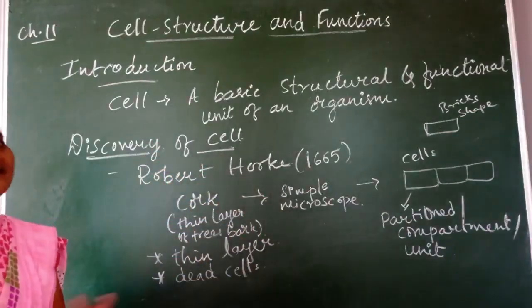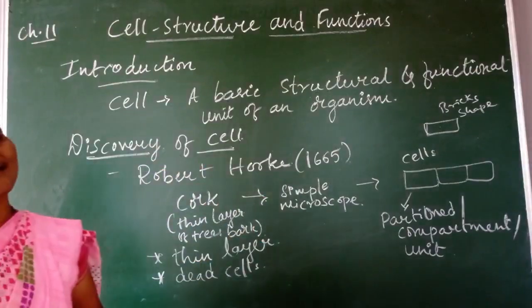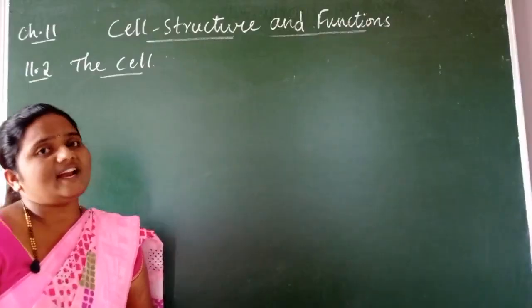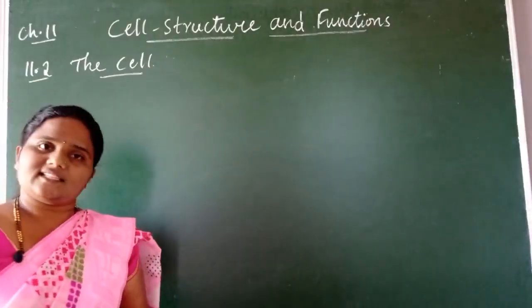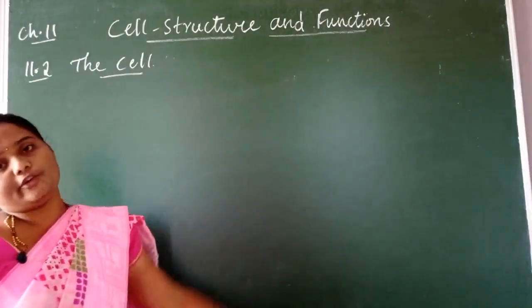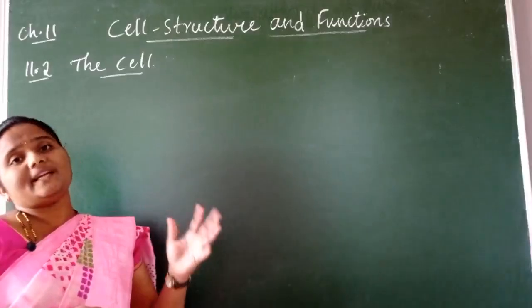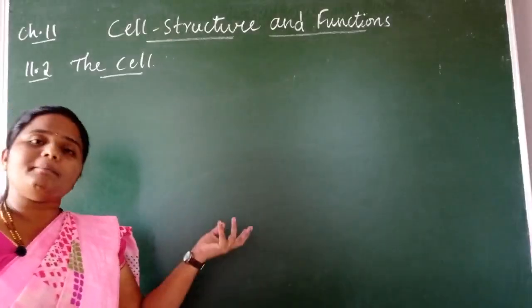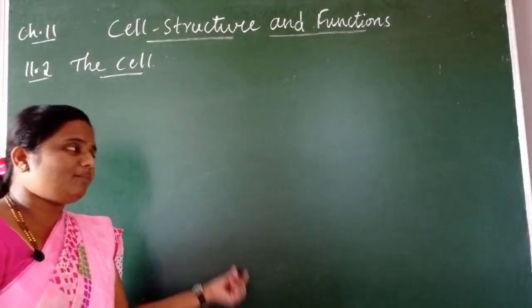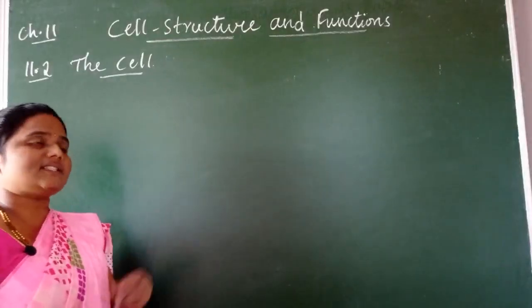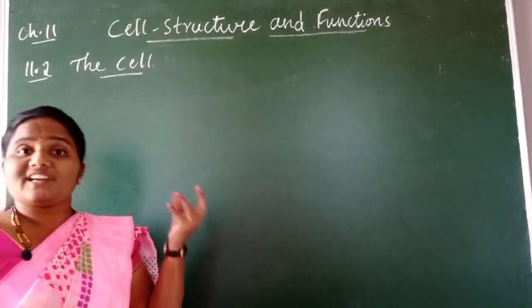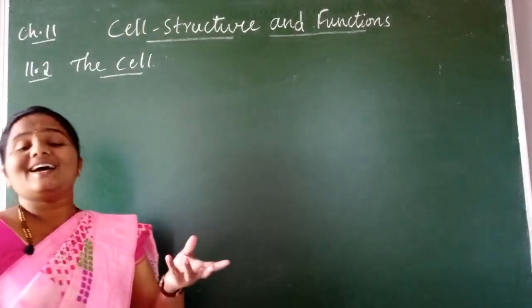Now we will see what a cell is. Children, as I told, a cell is a basic structural unit of an organism. When we make a comparison, for building a house we need bricks. Similarly, in the formation of an organism, cells are needed.